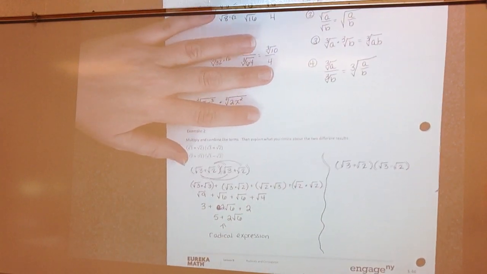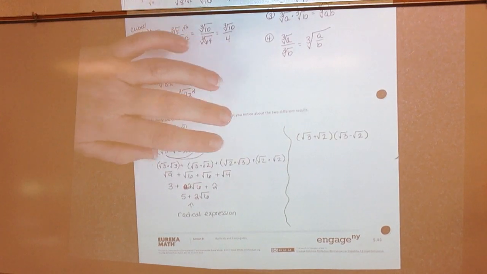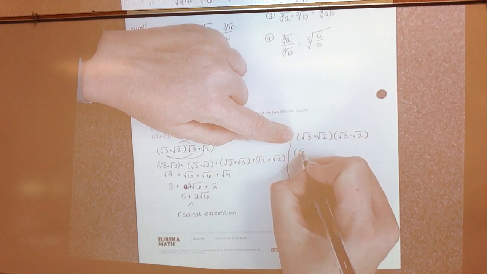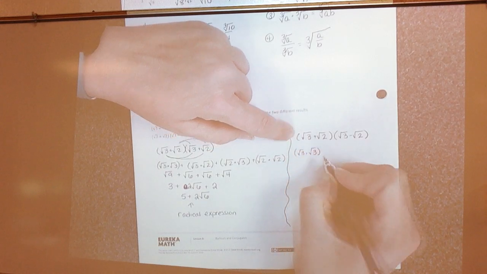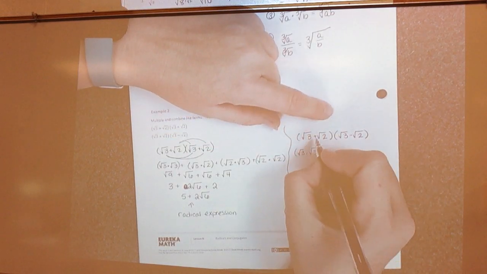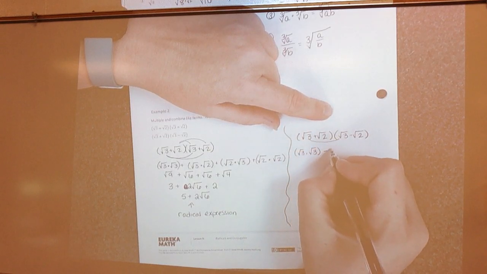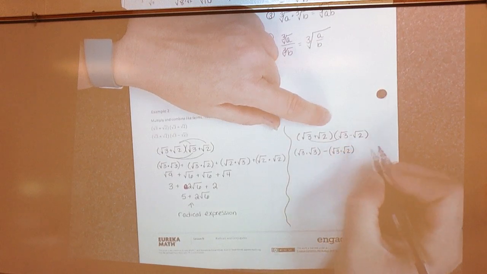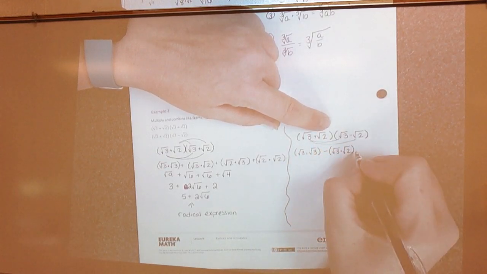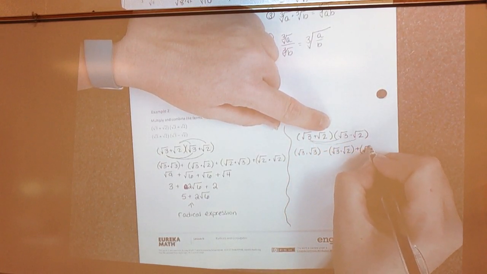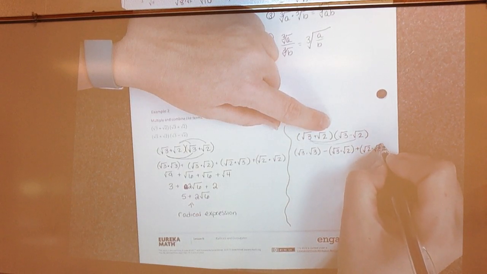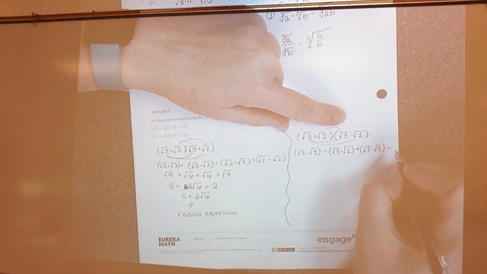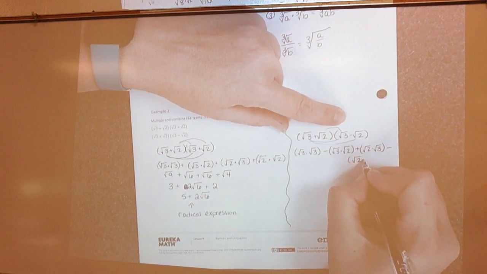Maybe you can predict what's going to happen here, but let's look at this. Square root of 3 times the square root of 3, minus the square root of 3 times the square root of 2, plus the square root of 2 times the square root of 3, minus the square root of 2 times the square root of 2.